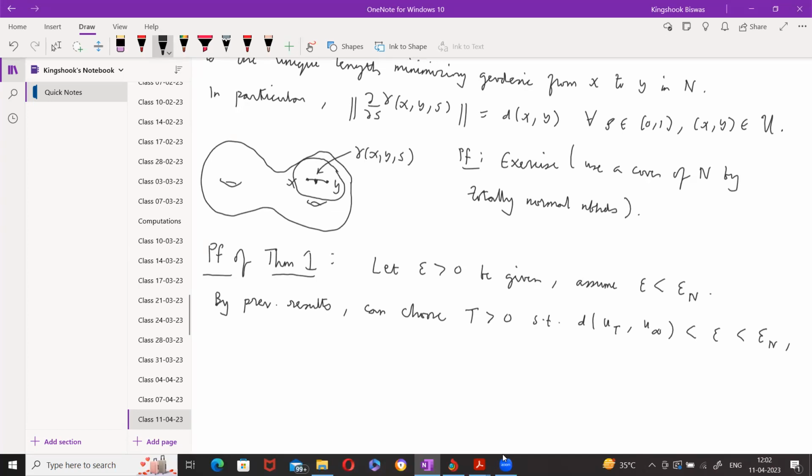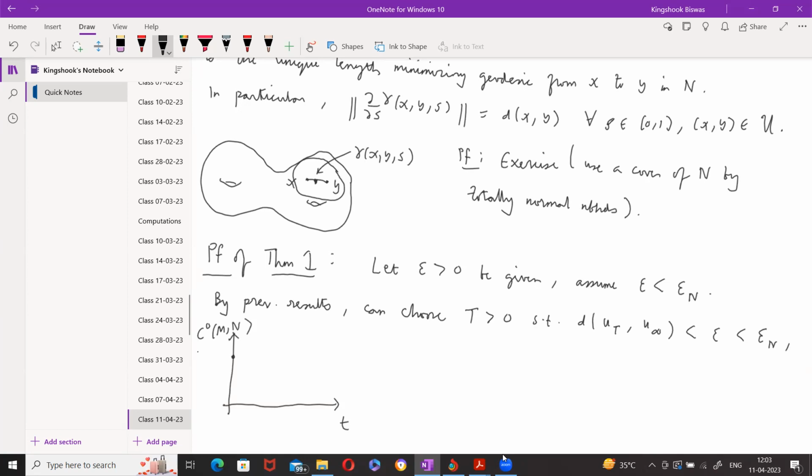Then let me draw you a picture of the proof. Now it's very simple. You think of a graph where on the x-axis you have time, on the y-axis you have the space of maps, say C0(M, N). And then I have my solution of the harmonic maps heat flow.